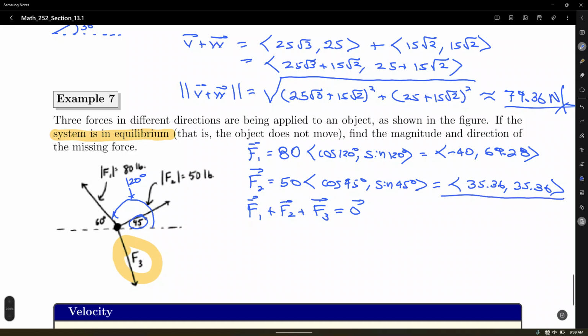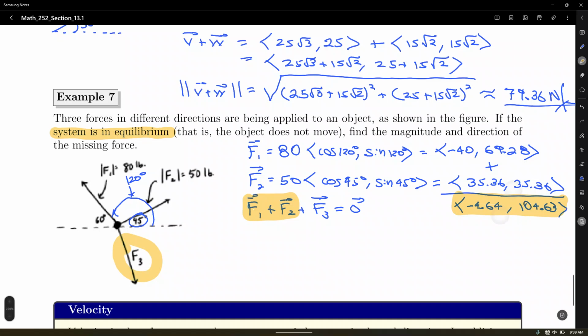Actually, number one, I'm going to add these two vectors here to get negative 4.64 and 104.63. This right here will be, let me highlight it, the addition of these two vectors.